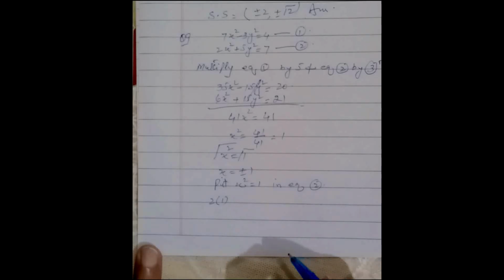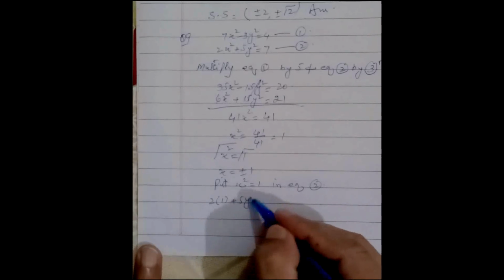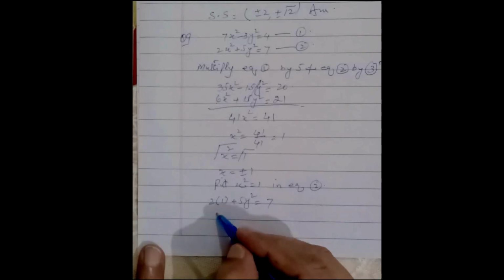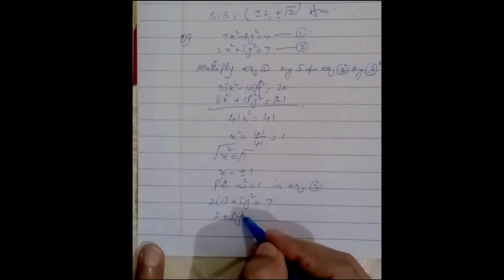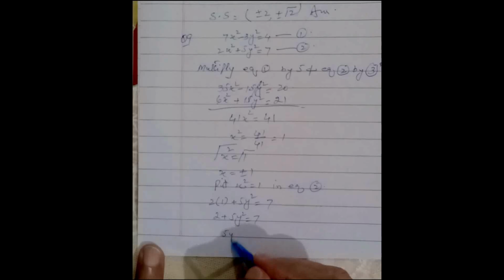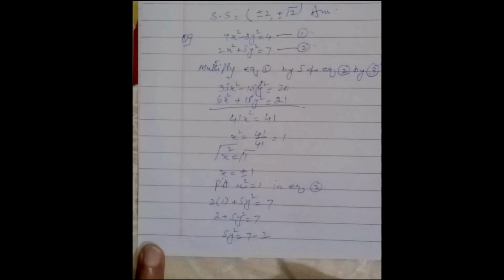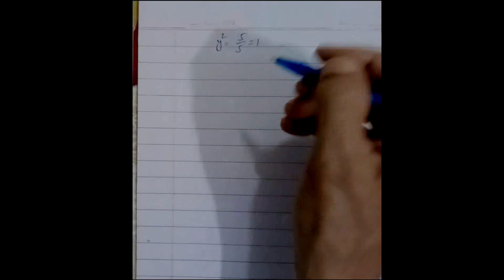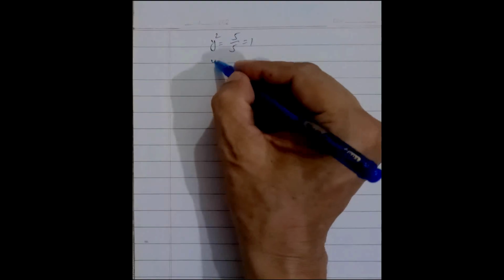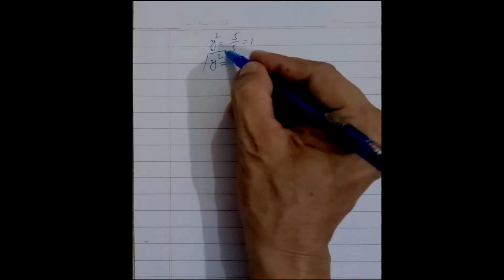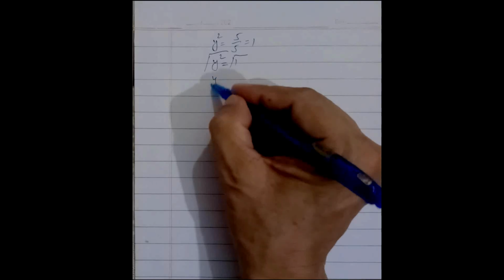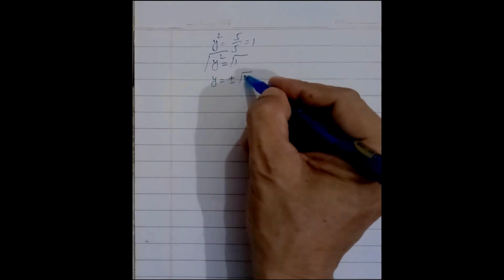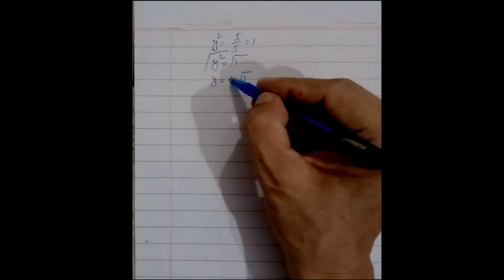It is 2x² + 5y² = 7, so 2 plus 5y² = 7, and 5y² = 7 minus 2. y² = 5/5, which is equal to 1, and then we take the square root on both sides. y = ±√1. Sorry, we write it ±1.